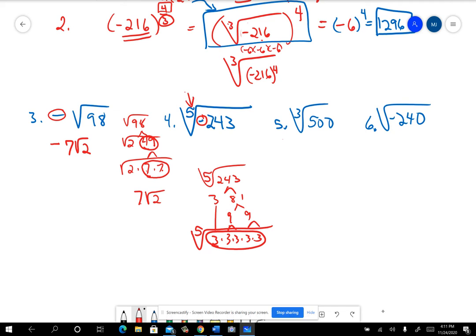When this was square root, I'm looking for 2 multiplied together that will make that happen. When it's a 5th root, I'm looking for 5 3s multiplied together. So that means that's going to just be 3. But really it's -3. So this one would be -3. What I'm claiming is that -3 times itself 5 times would give me -243. So number 4 was a perfect power of 5.